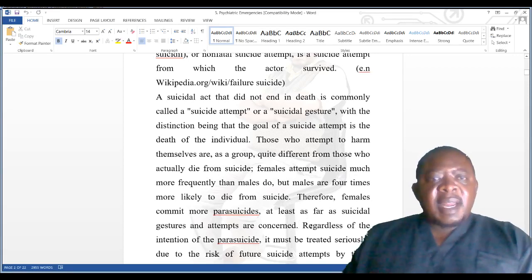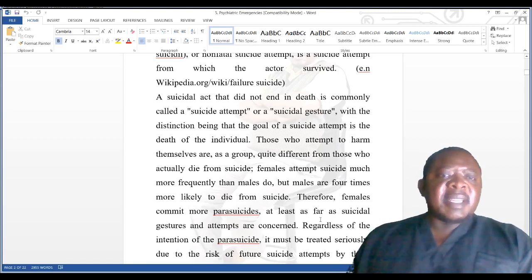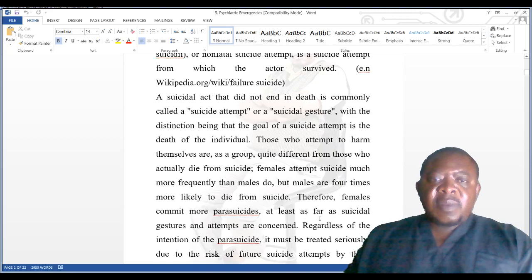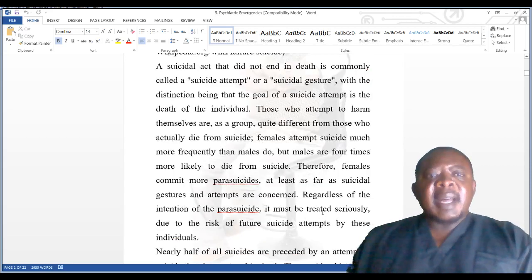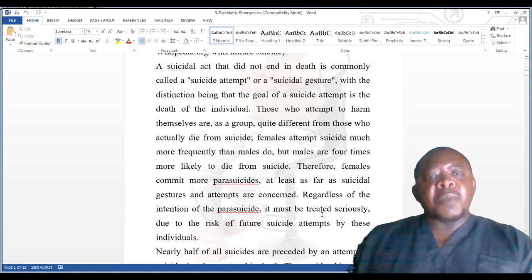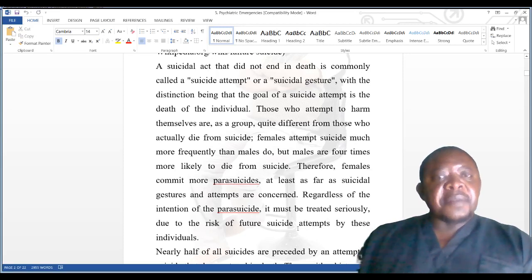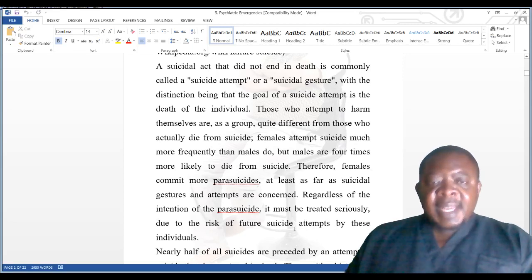But regardless of the intention of the parasuicide, it must be treated seriously due to the risk of future suicide attempt by these individuals. In as much as females are more likely to be admitted with suicide attempt or parasuicide, it must be treated with the seriousness that it needs in order for it not to end in a death.